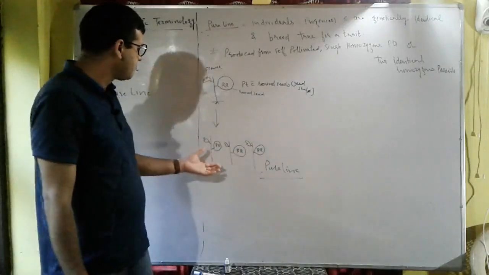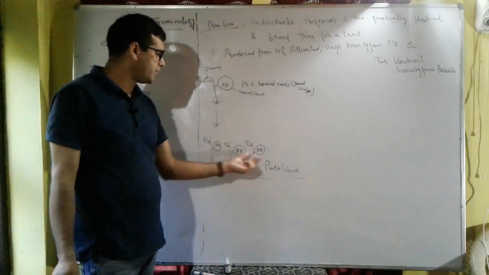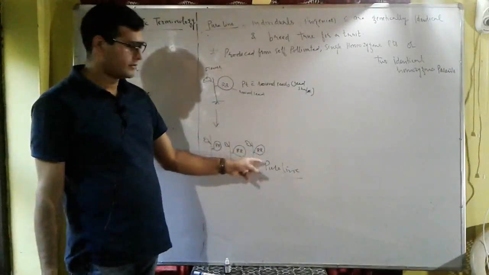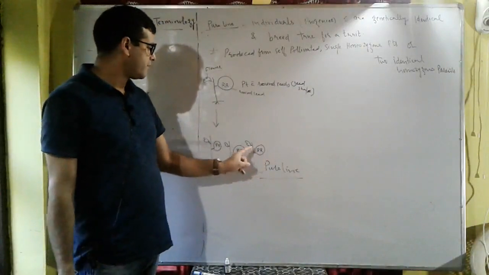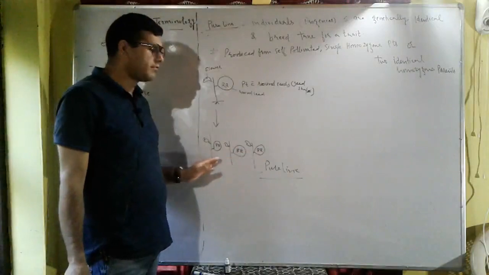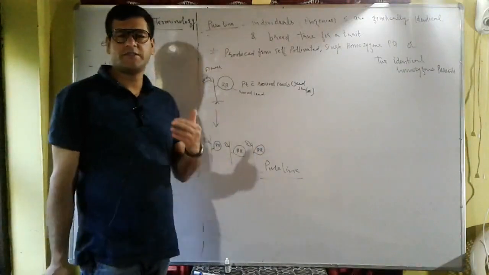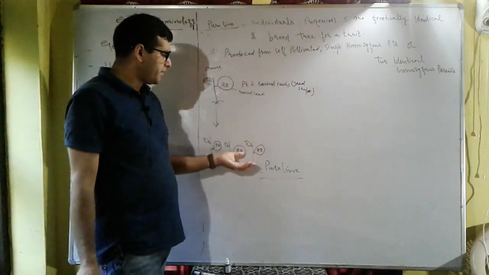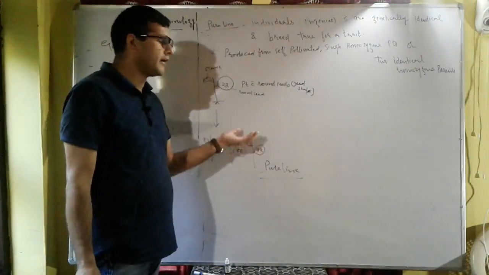So what is a pure line? Pure lines are those individuals which are genetically similar. This is genetically similar to this, and they always breed true. They always breed true means that they always produce progenies which are genetically identical to them.